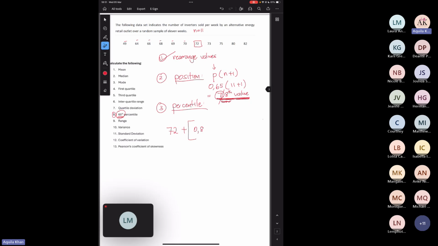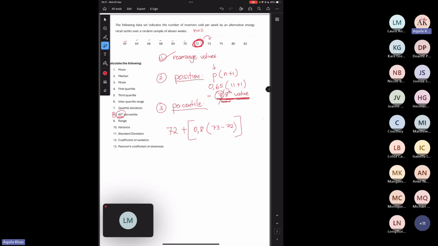And then you'll multiply this by the difference between that 72 you took from the data set and the number after it. So the number after it is 73. So it's 73 minus the 72 that you were working with, and that will be your answer.